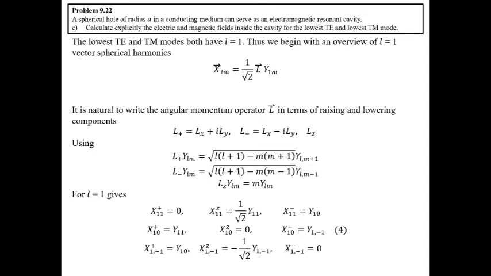It is natural to write the angular momentum operator L in terms of raising and lowering components. Use a relation for l equals 1 gives the equation 4.